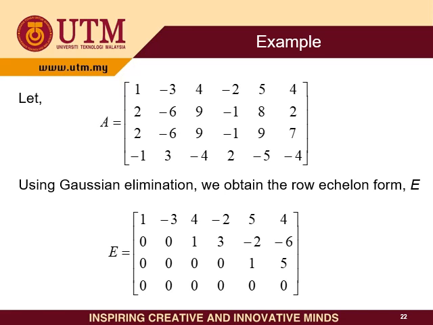Let's look at our next example, example 2. They give us matrix A, but as we can see, this matrix is not in row echelon form.